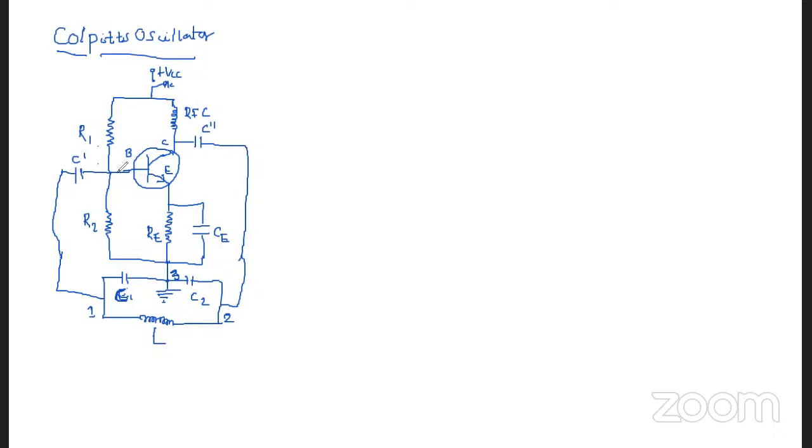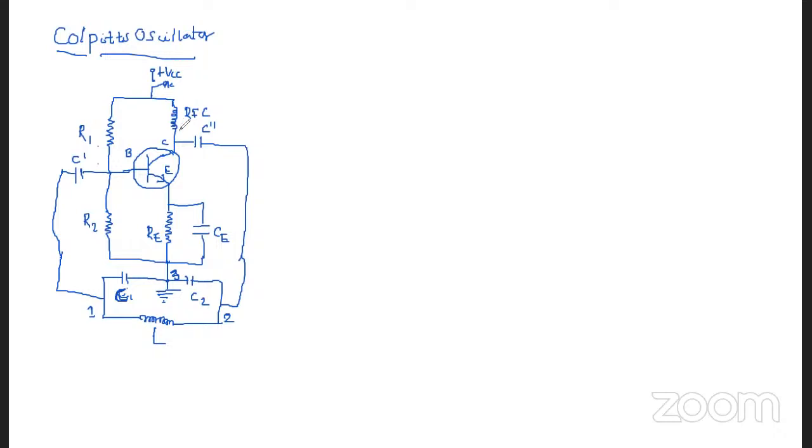And the function of the capacitor C double dash is to block DC and provide an AC path from the collector to the tank circuit here.